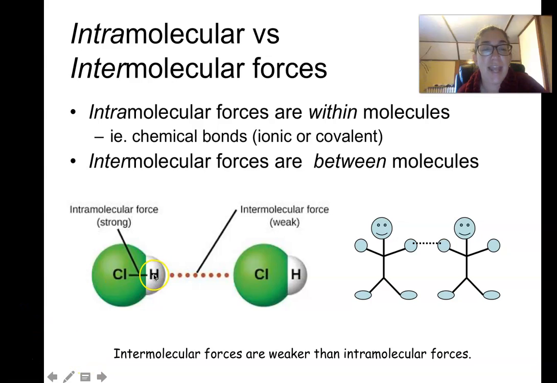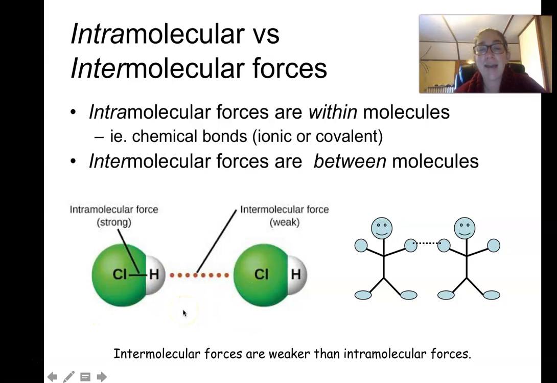So for example, in HCl, this is a covalent compound where you have a bond, a sharing of 2 electrons. All right, so that's a strong intramolecular force. But between these 2 HCl molecules, these 2 molecules are attracted to each other through something called an intermolecular force.